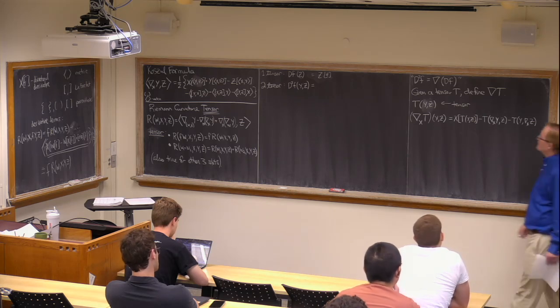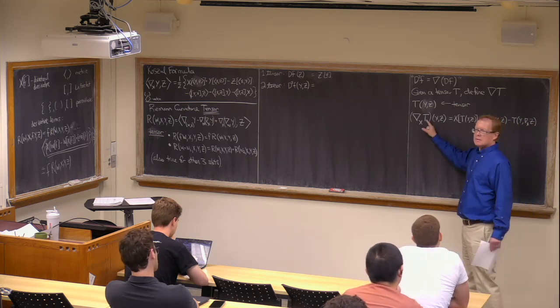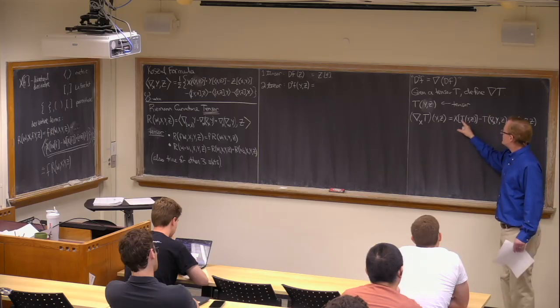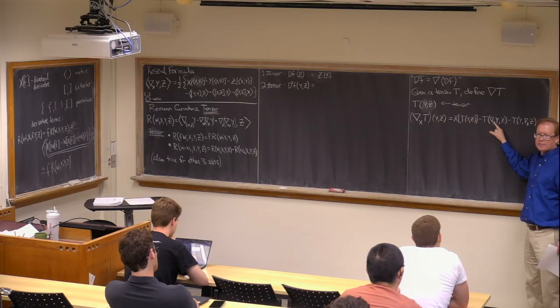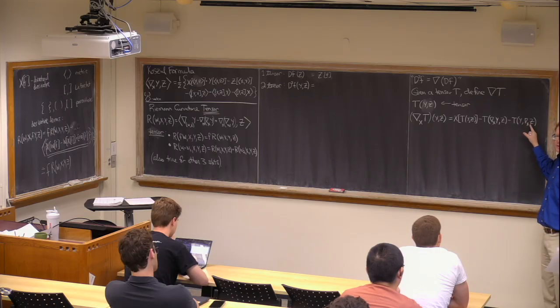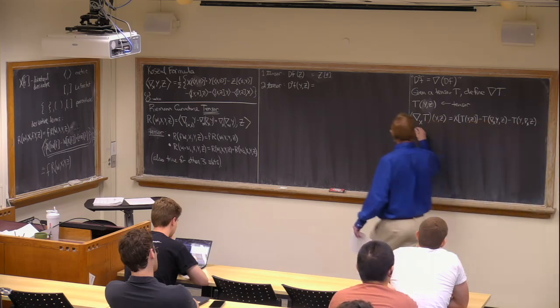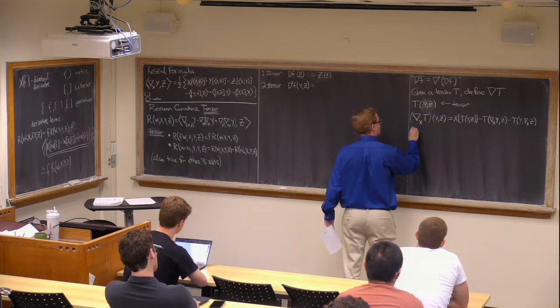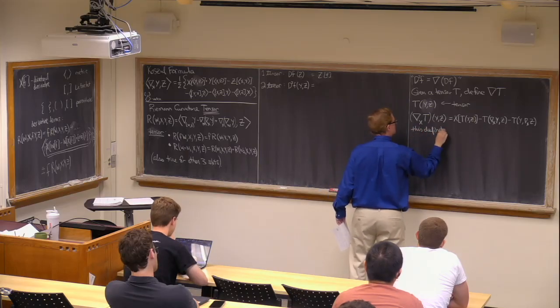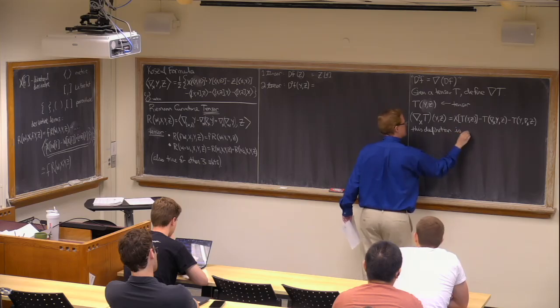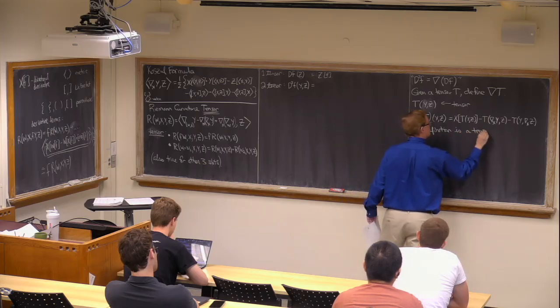What I'm basically saying is, to get the derivative of t, I'm taking the total derivative of t of y and z, and then subtracting off the contribution of the derivative of y and the contribution of the derivative of z. Plausible, but here's the key point. This right here, this definition, is a tensor. So we're going to use it.